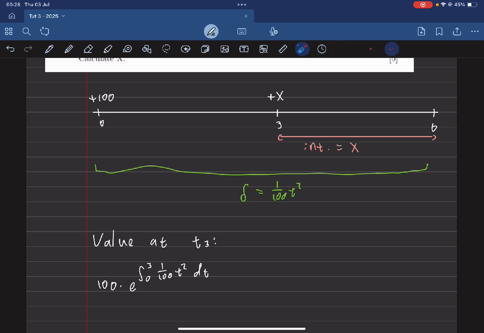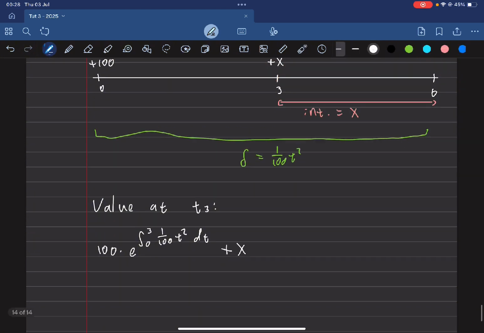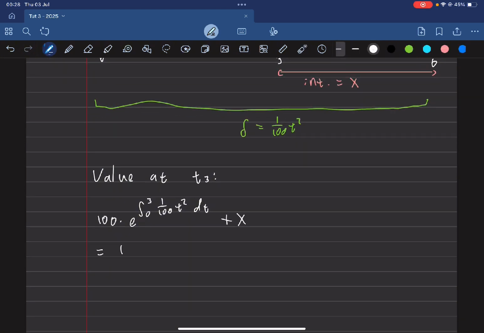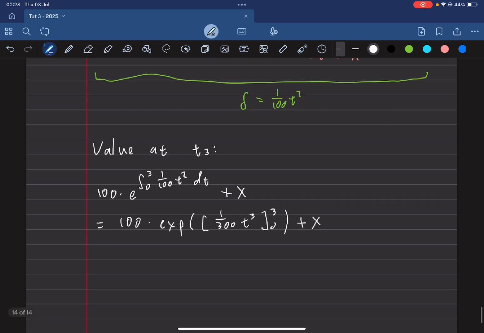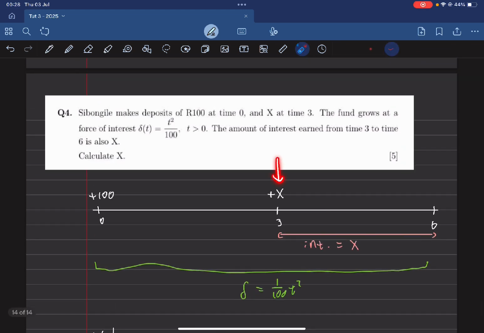But remember, at time 3 we also have this X, so plus X. So it's 100 times exp of the integral, which becomes 1 over 300 t cubed from 0 to 3, plus X. Subbing in, we get 100 times e to the power of 0.09 plus X. That wasn't too bad. That's the accumulated value at this point.